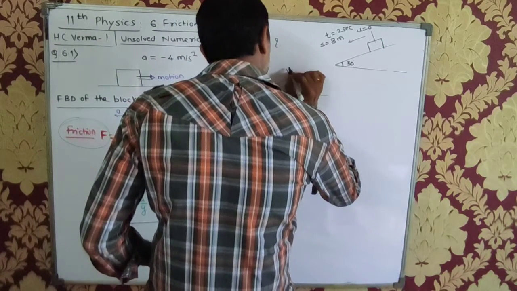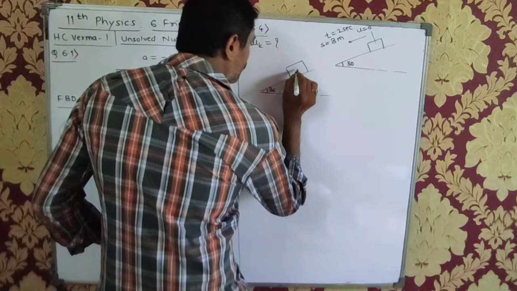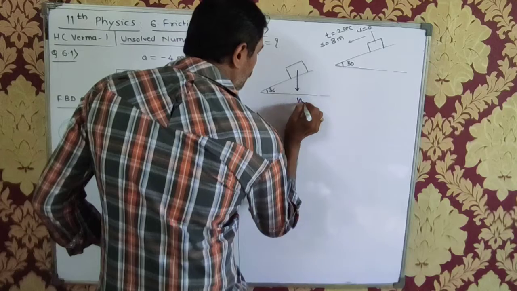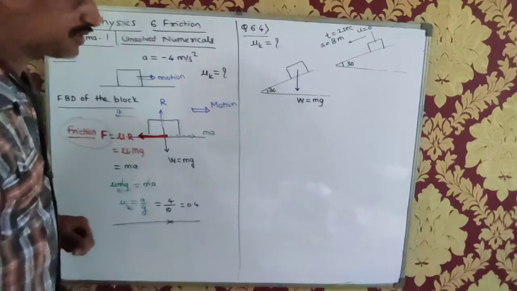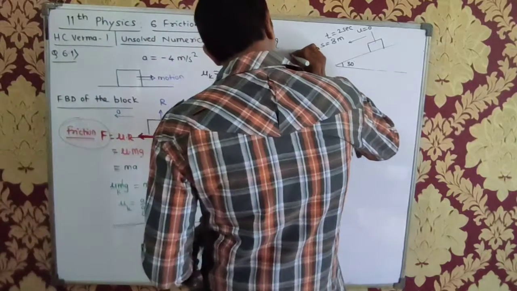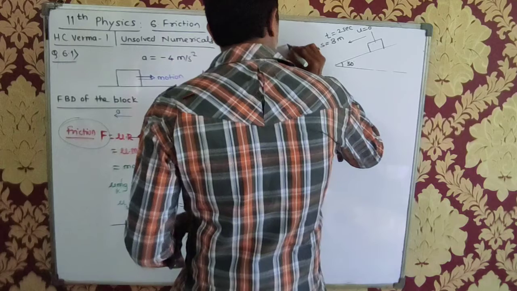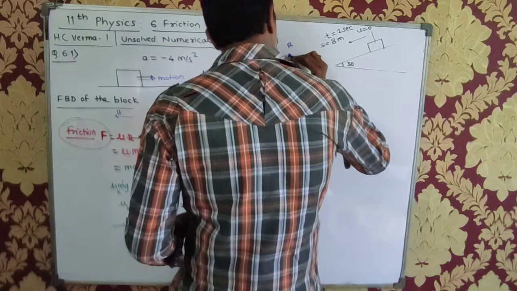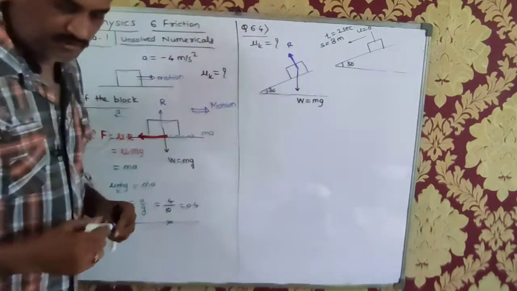This is the block, 30 degrees. W is equal to mg. Wait. Tell me what else. This will be the normal reaction R.